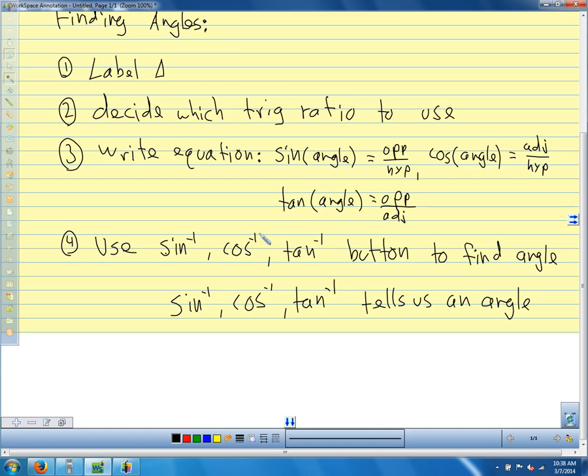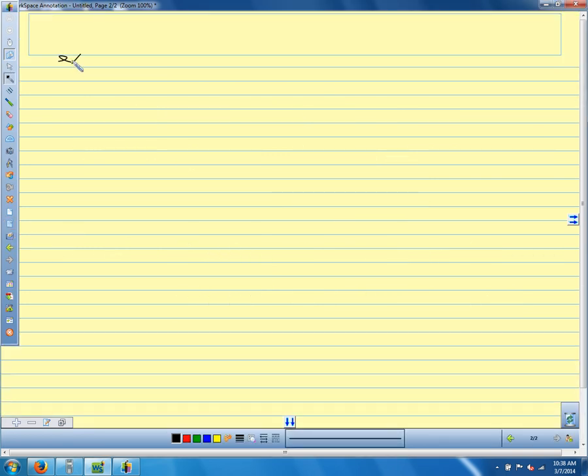All I want to do is a couple of examples of finding the angle using the inverse sine, inverse cosine, or inverse tangent method. So questions on our steps? Really the same process we did before. You just don't have to calculate for the side, you have to calculate for the angle. All right, so let's look at a few examples.